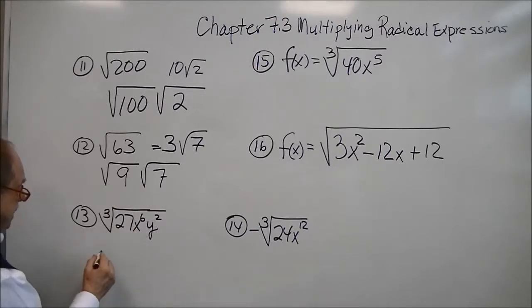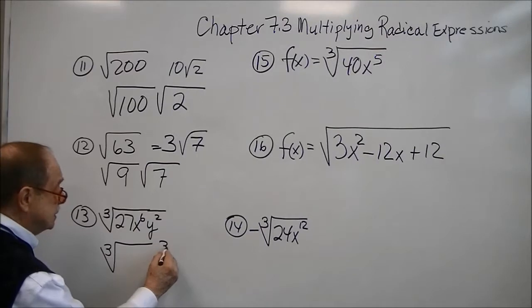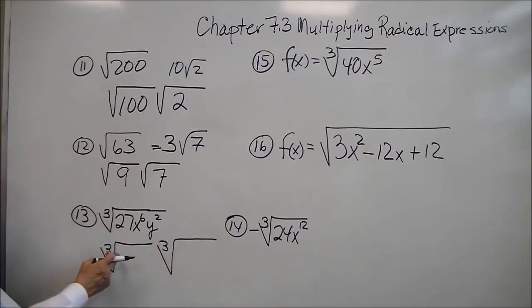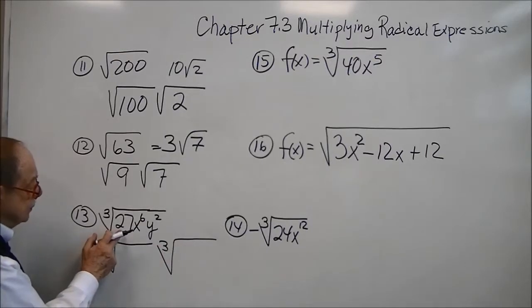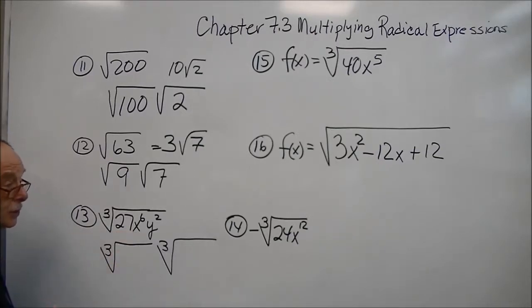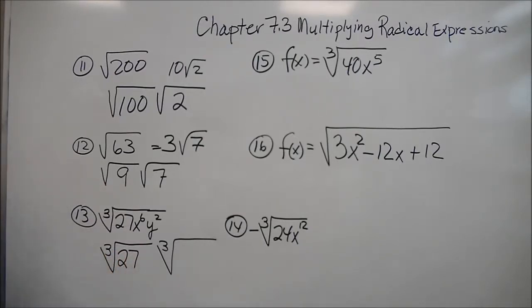Now in number 13, again, a strategy might be put 2 sets of radical signs with the proper index number, and you're looking for factors of 27 that might be a perfect cube. 27 is a perfect cube. So we put the 27 under that radical sign.